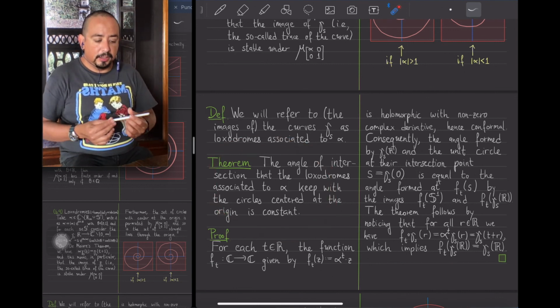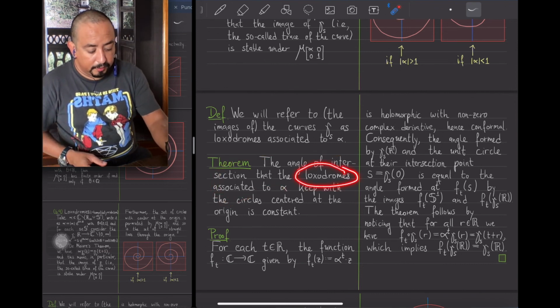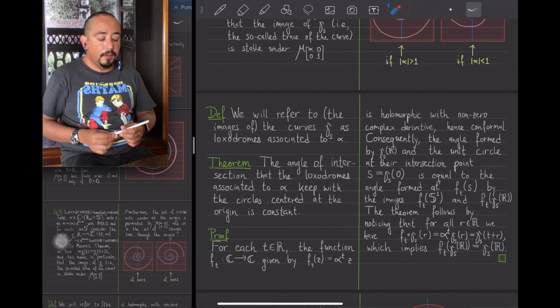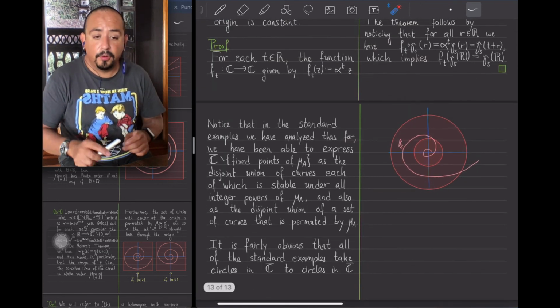So the angle formed by the stable curves and the curves permuted is always the same. And that was it for today's class.